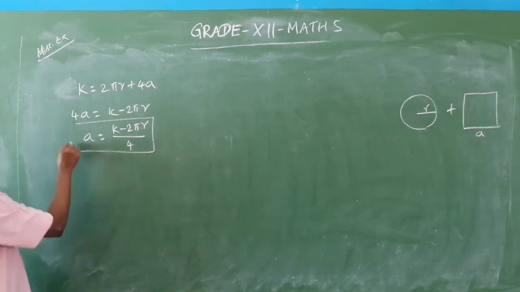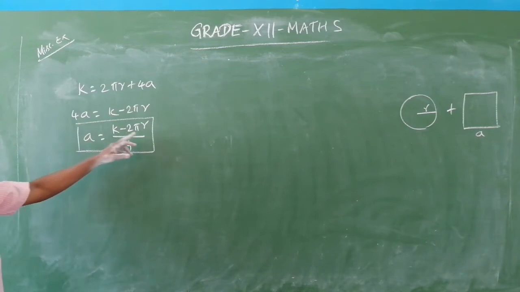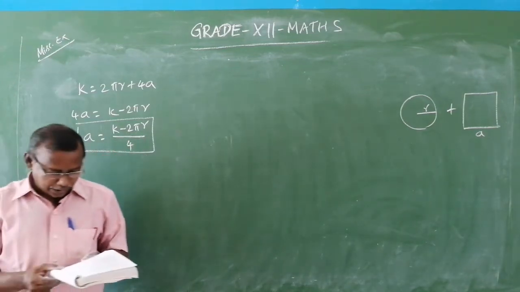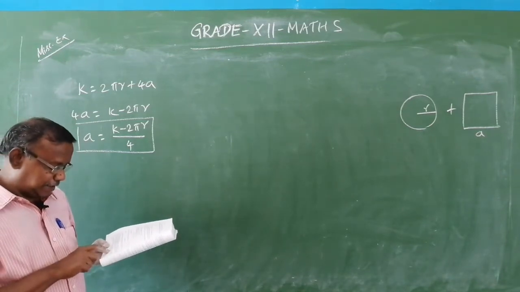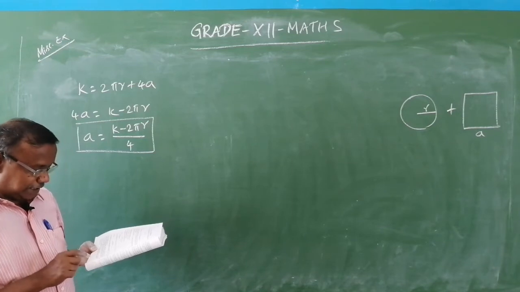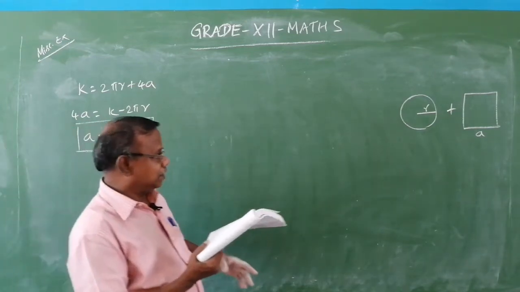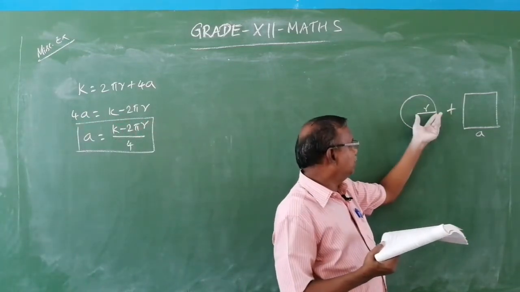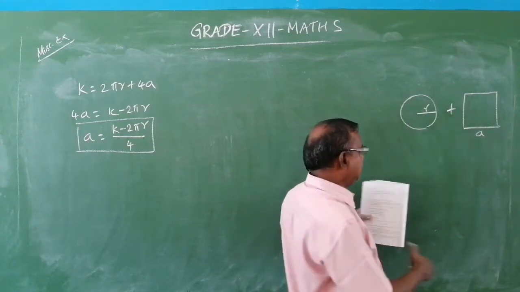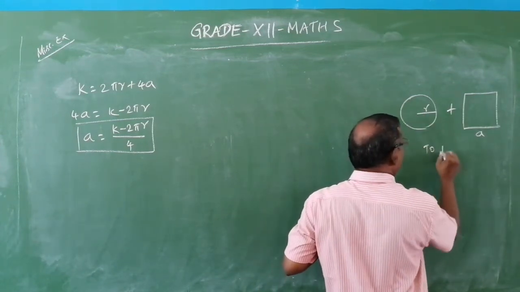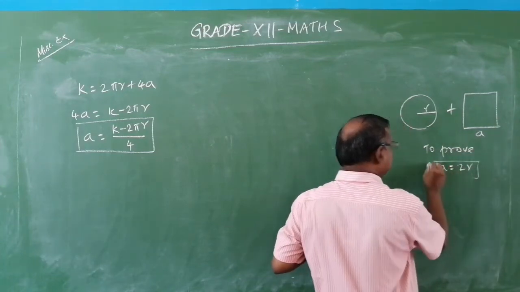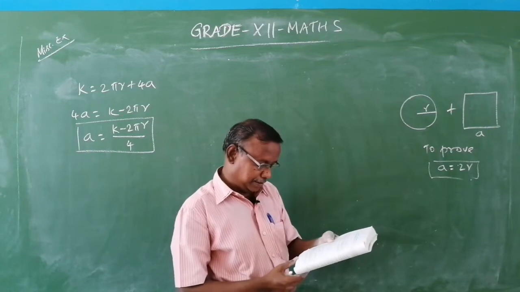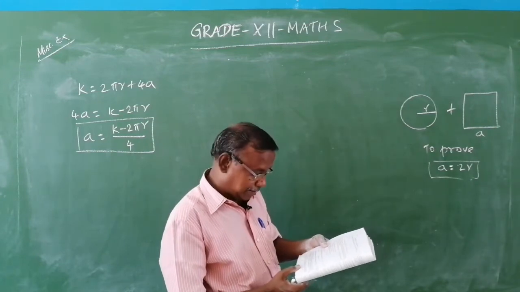So we have converted a in terms of r, and they told you to prove that the sum of their areas is least when the side of the square is double the radius. That is, we need to prove the side of the square a equal to 2r when the sum of their areas is minimum.